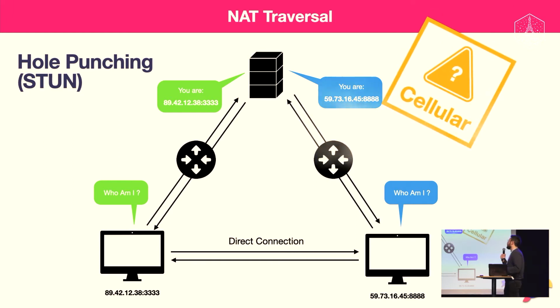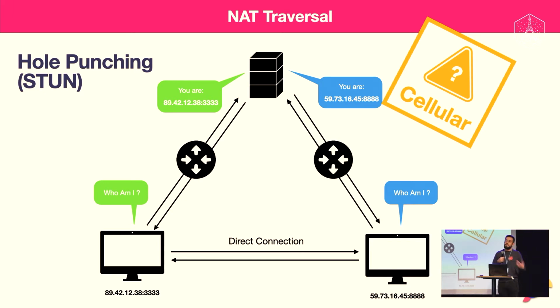So we don't really know if it's feasible, but we guess. Most of the time it will be restricted or symmetric NAT, most of them on cellular, but we don't really know because it's really a custom implementation by carrier, by operator. So we can't really know if it's always true that it's not possible.